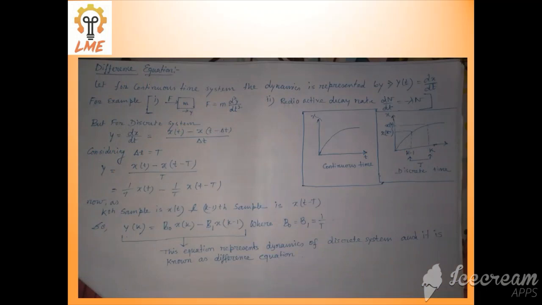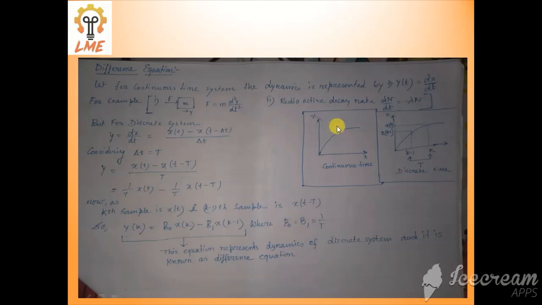Now see what is in this slide. I am going to discuss what is a difference equation. Any kind of continuous time system can be described by a continuous time differential equation, that you already know. That is, the dynamics of any continuous time system can be described by a differential equation.